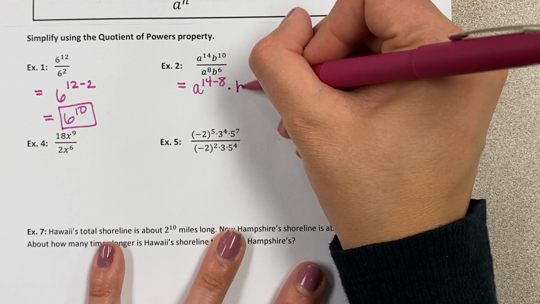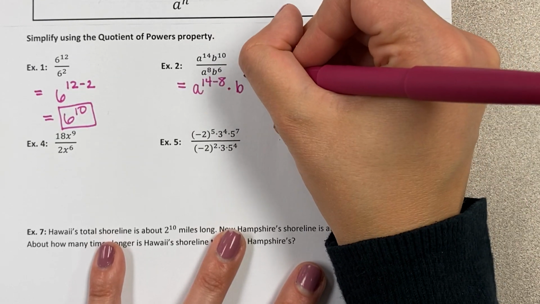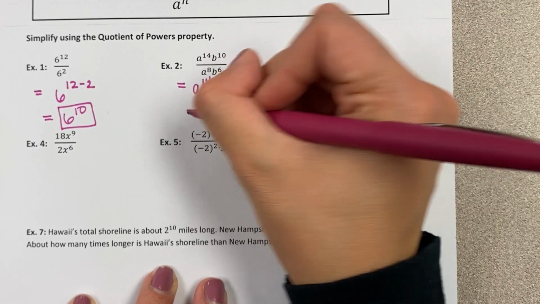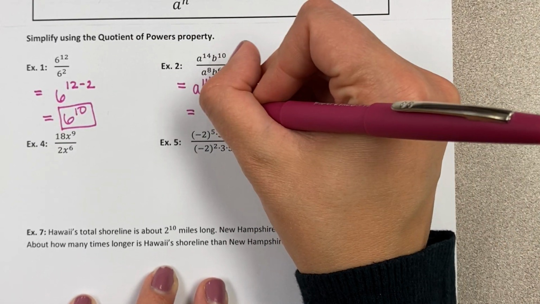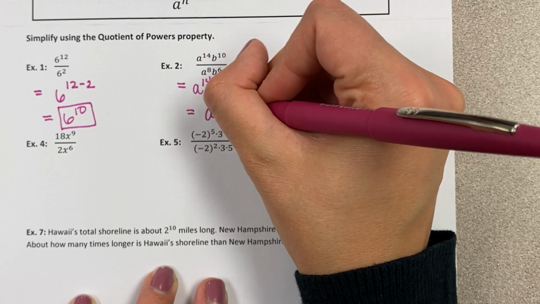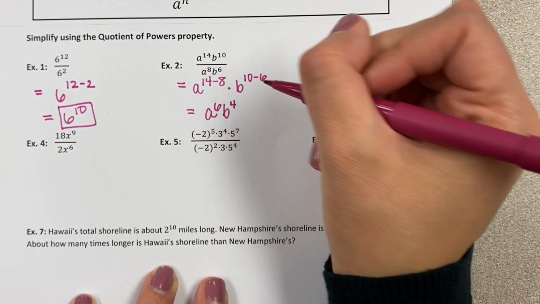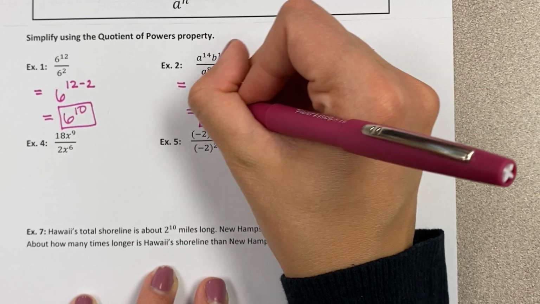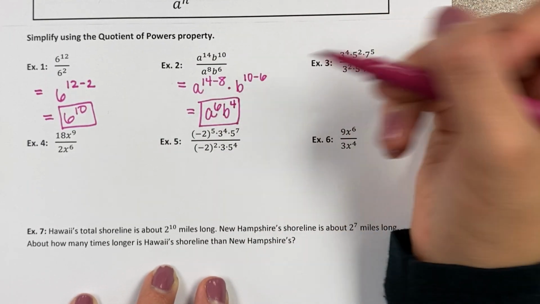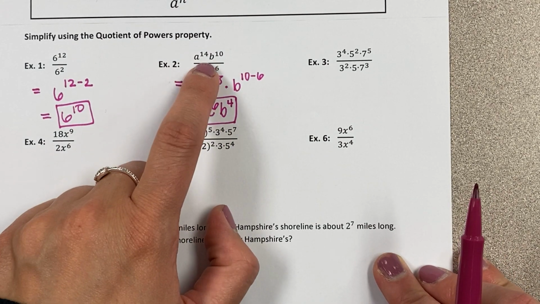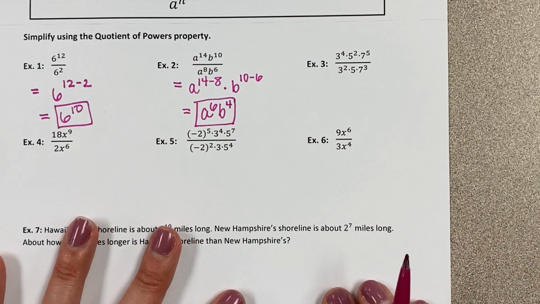So b stays the same. We're gonna do 10 minus 6. So our answer is going to be a to the 6th, b to the 4th. And if you want to put a little dot for multiplication in between the two, you can. I left it just like that, just how they did in the problem.